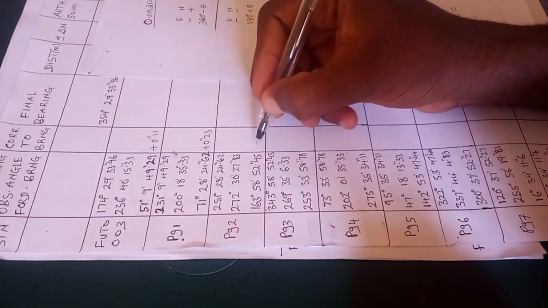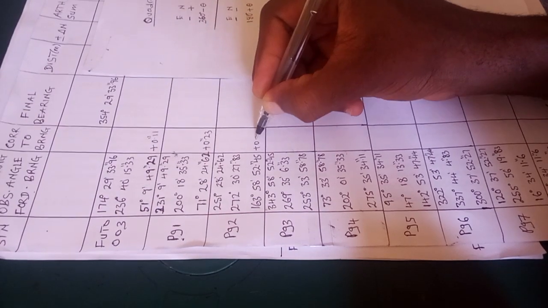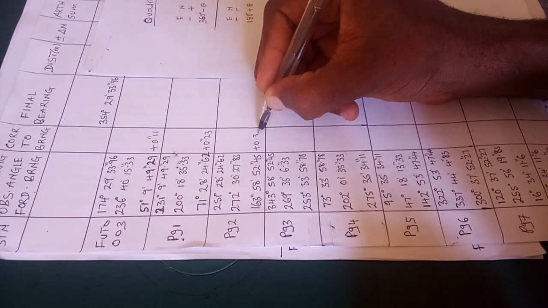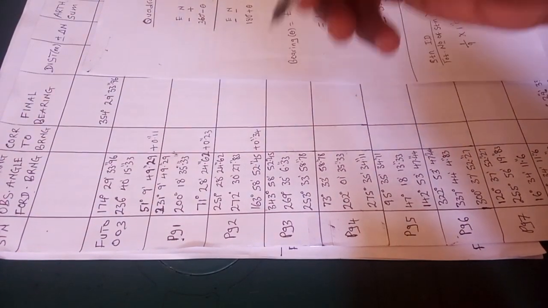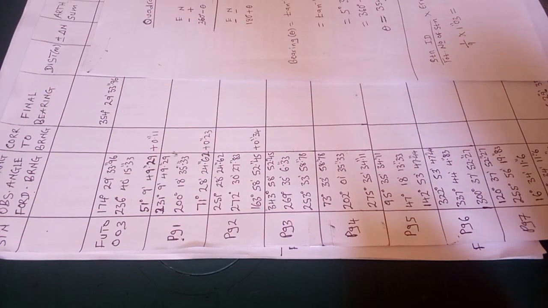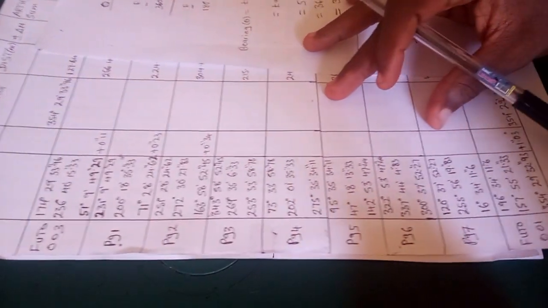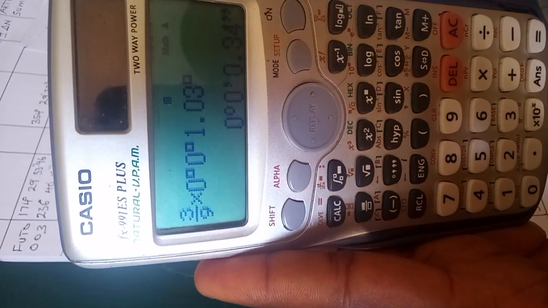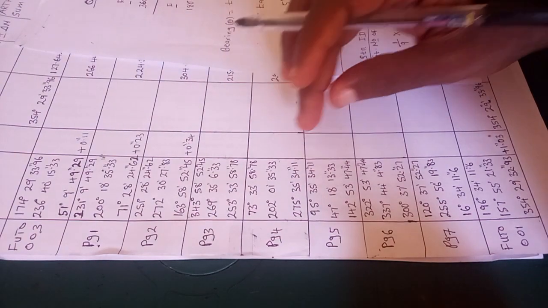Then we write that plus 0.34 seconds. That is the same way we are going to do for all the stations, by just editing the station ID, then multiplying it. We are going to have the error for each station.